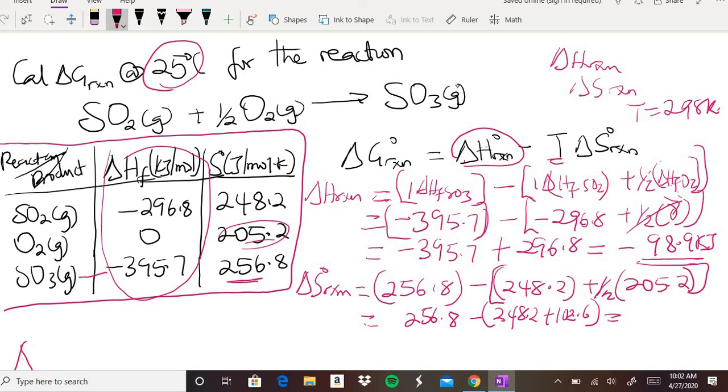When we plug this into the calculator, it gives us negative 94 joules per kelvin. So that is our delta S.